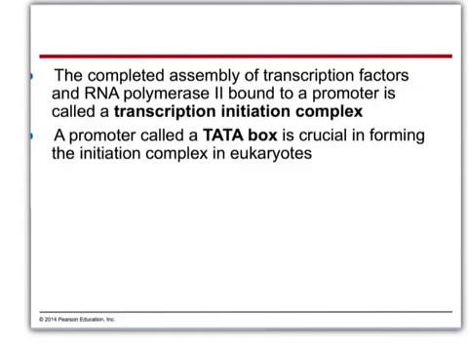All together, the RNA polymerase and whatever proteins are involved that help to stabilize that complex form what's called the transcription initiation complex. So it's not just RNA polymerase that's there. There are other proteins involved in starting transcription.